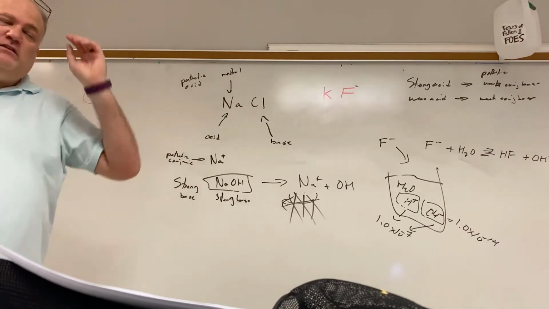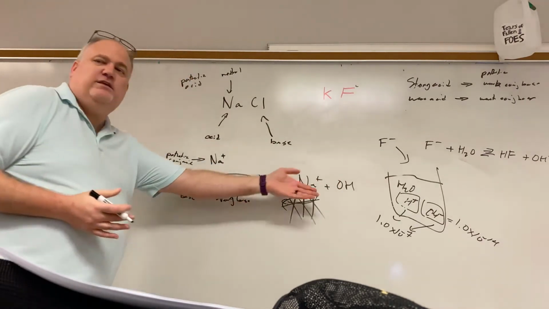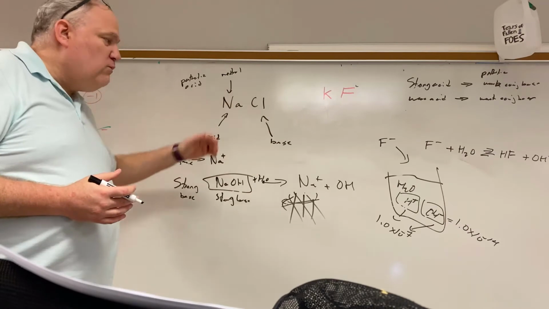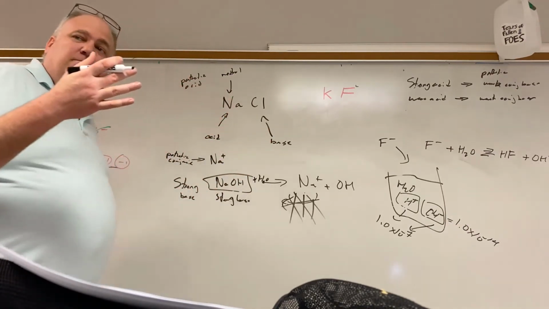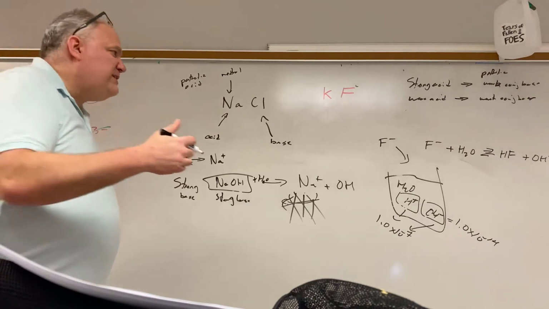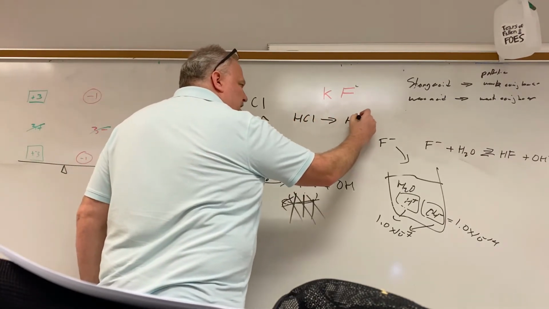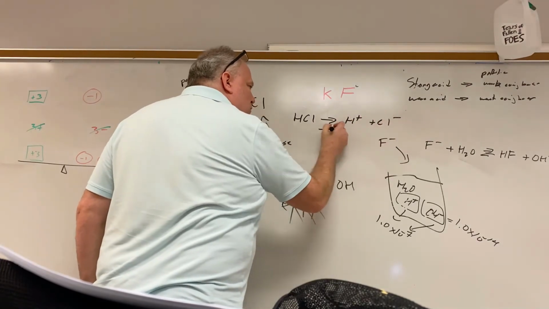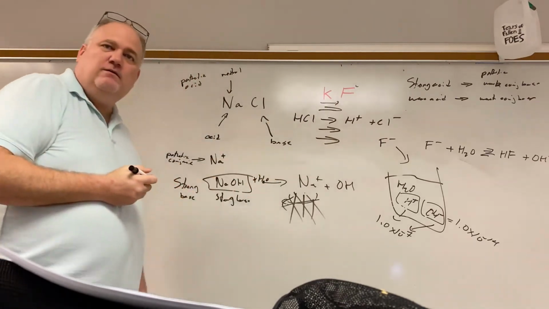Because the reality is, we throw this into water, right? And then it breaks apart into these two things. Same thing works with our Cl-. Now, we don't think of Cl- as a base because it really does nothing. If we take a look at it, HCl when it breaks apart forms H+ and Cl-. But this is a one-way street. There is nothing coming back this way, right?